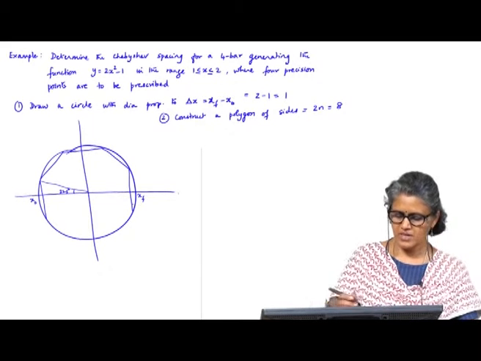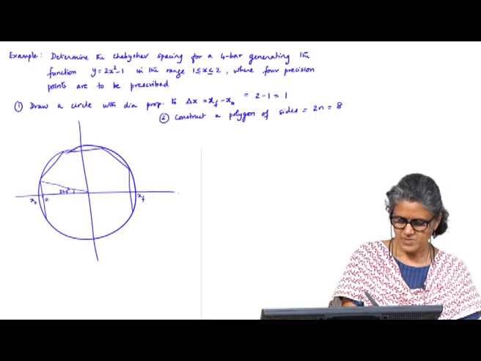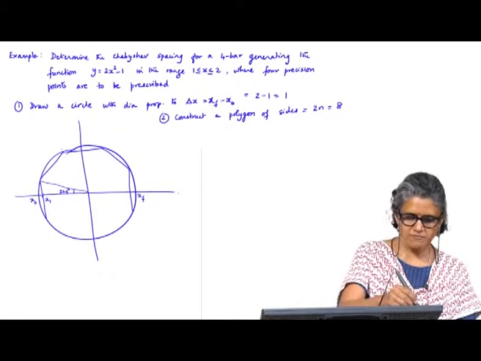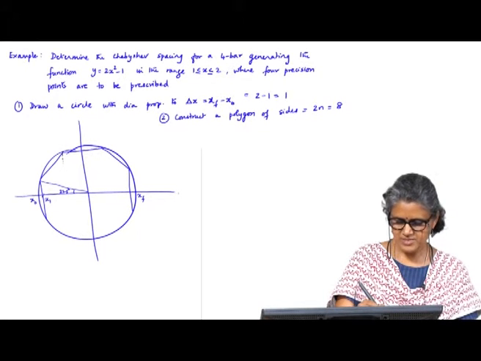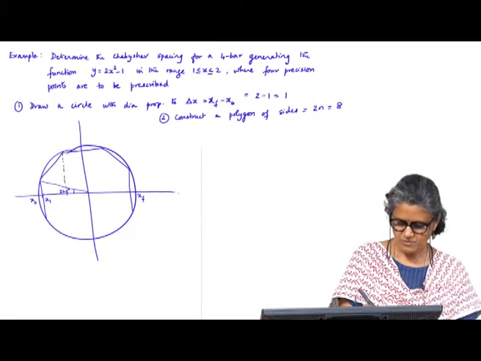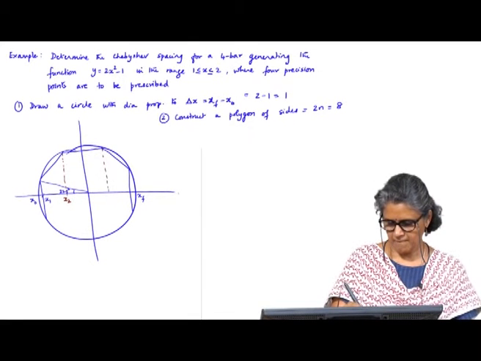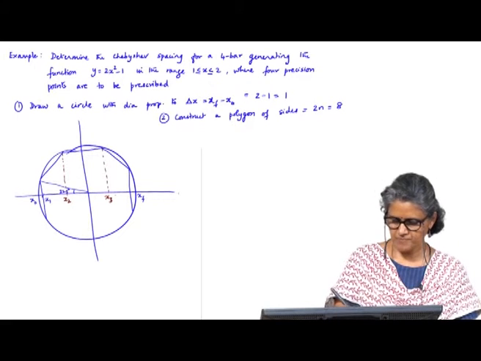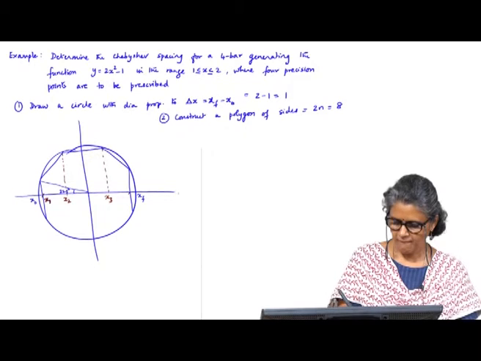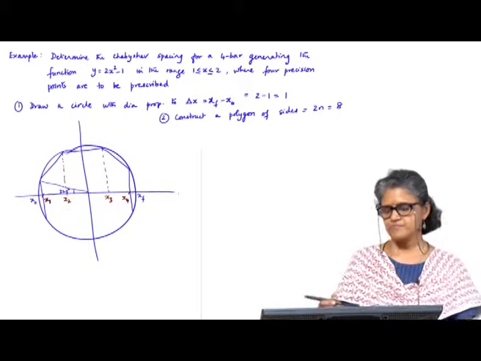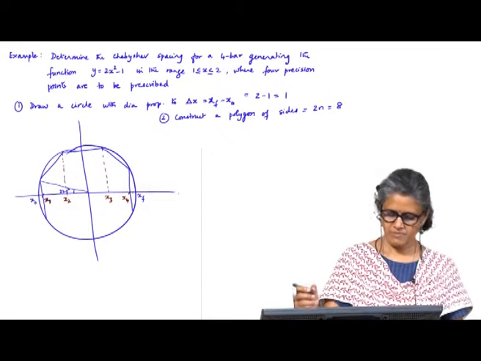And so, from the diagram I can read off this will be x1. I draw the vertical lines from these other vertices. So this would be x2, this would be x3, and this would be x4. Or I can use the equation, right?